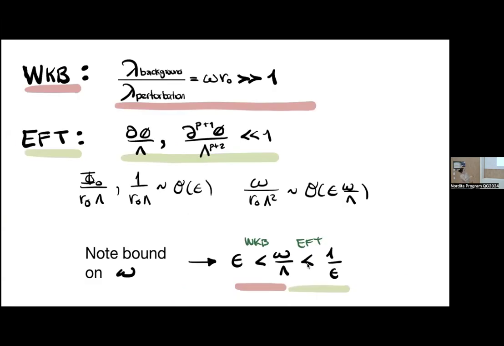These have to be of order epsilon, just small numbers so that the EFT is under control. So you have to be careful that you're working where the EFT is under control, where the WKB regime is valid, so you can have a well-defined phase shift and a well-defined time delay that you can measure. And that means that you have a bound on the energies that you're working with. They have to be large for the WKB, but small for the EFT regime.